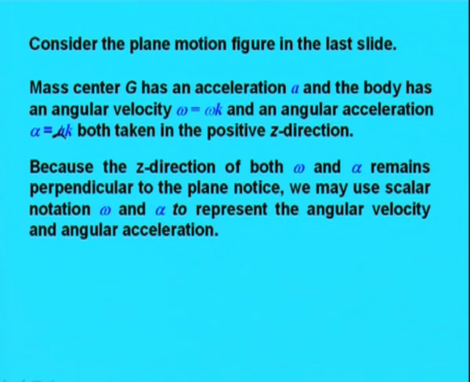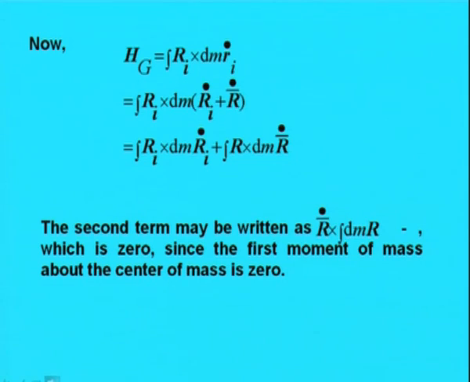Because the z direction of both omega and alpha remains perpendicular to the plane of motion, we may use scalar notation omega and alpha to represent the angular velocity and angular acceleration. We can just write the scalar equations; that will be enough.